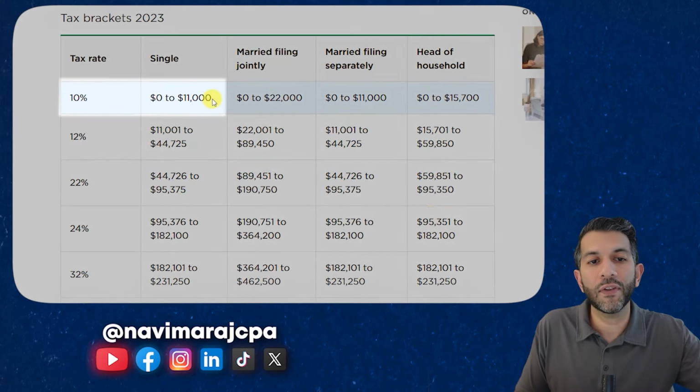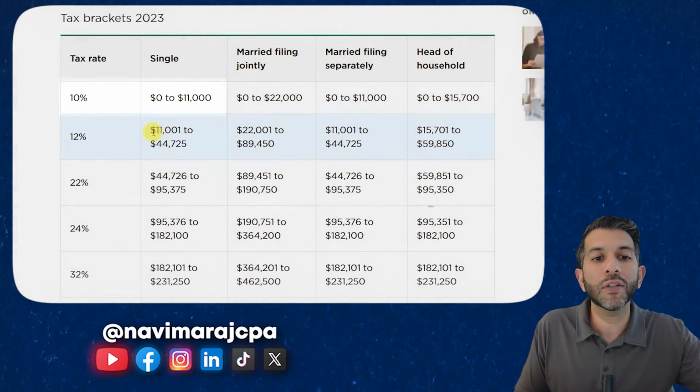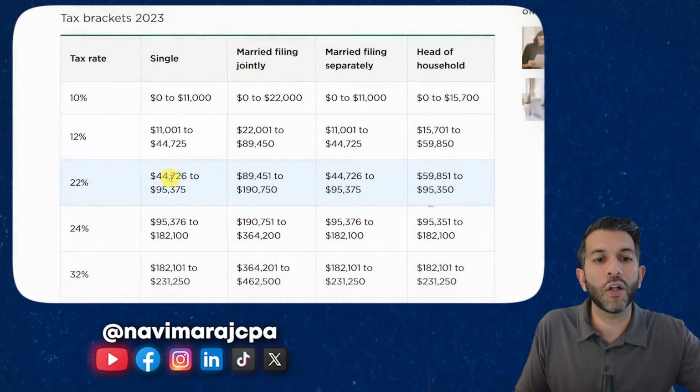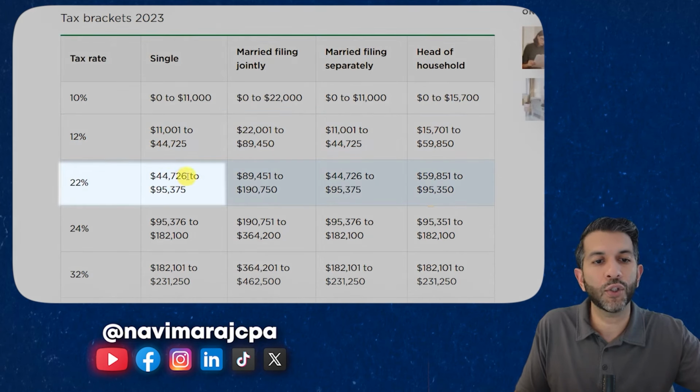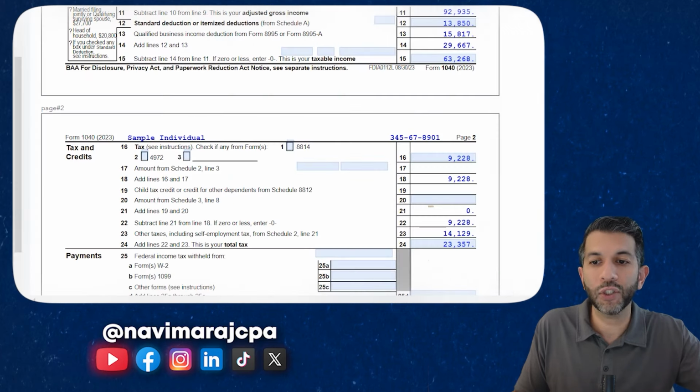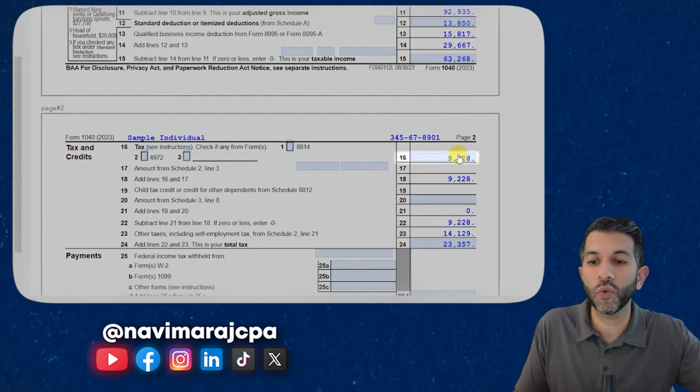The first $11,000 of taxable income is paying at a 10% rate. $11,001 through $44,725 are paying at 12%. $44,726 to whatever our number was, 70 something thousand, is 22% tax rate. Okay, so when you do the math on that, that's what it comes out to, is the $9,228.